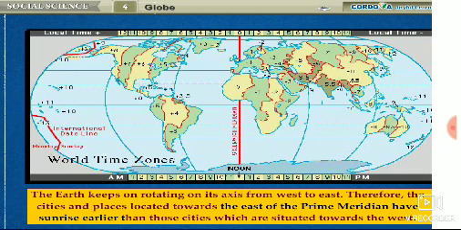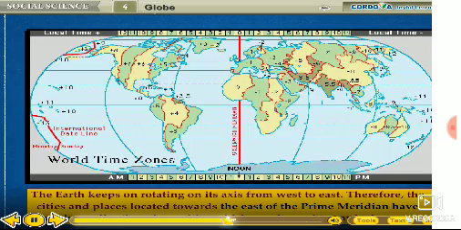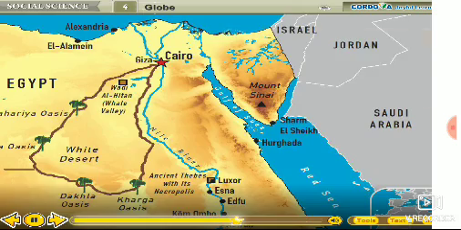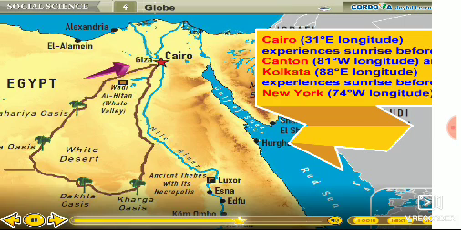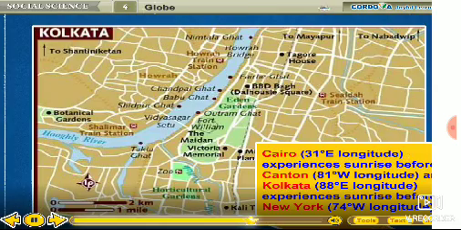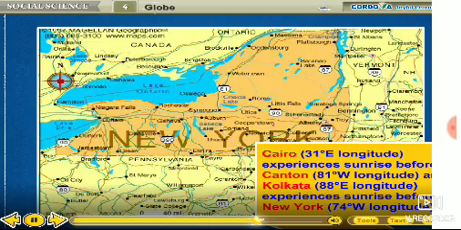Therefore, the cities and places located towards the east of the prime meridian have sunrise earlier than those cities which are situated towards the west. Cairo, 31 degree east longitude, experiences sunrise before Canton, 81 degree west longitude, and Kolkata, 88 degree east longitude, experiences sunrise before New York, 74 degree west longitude.